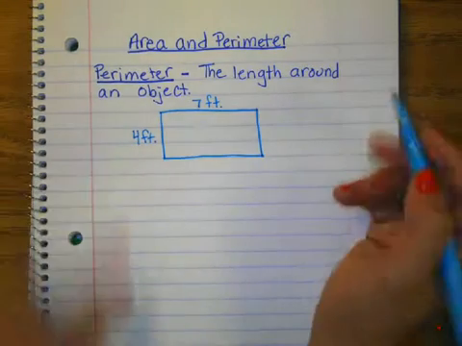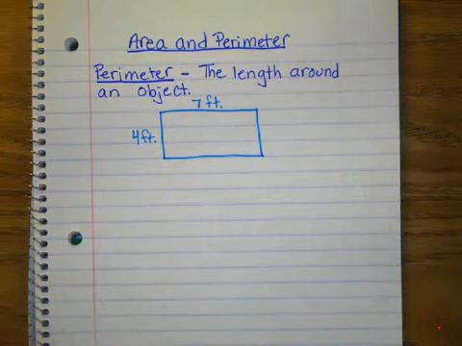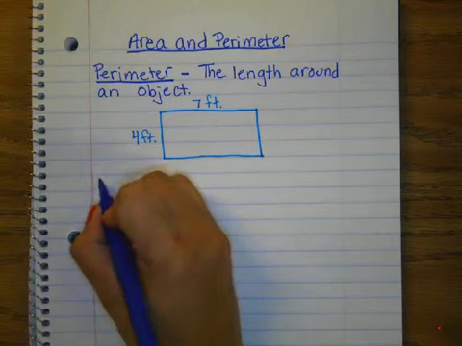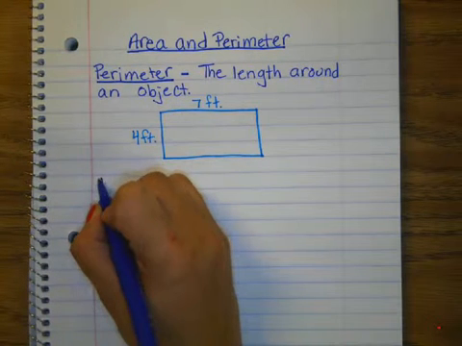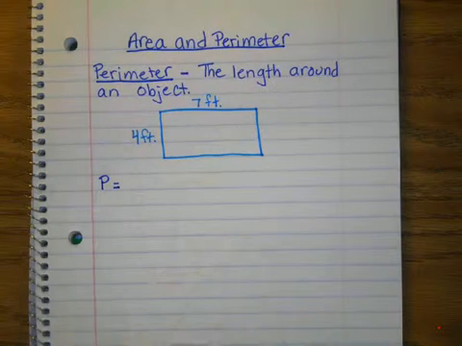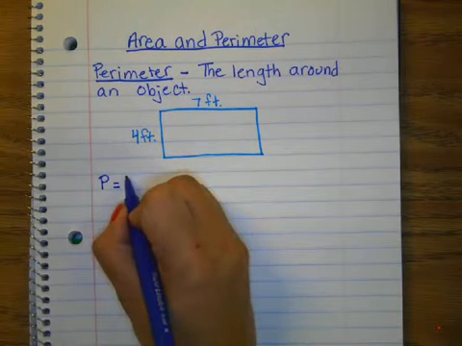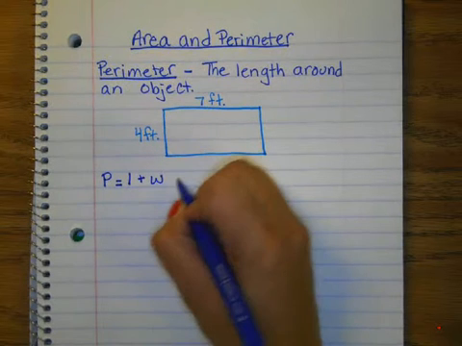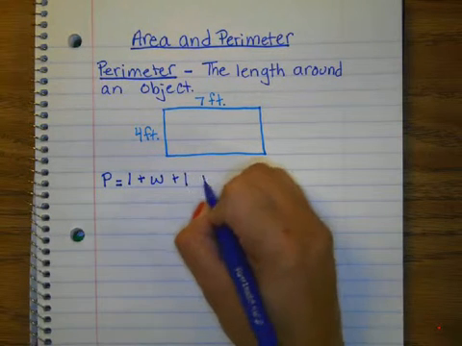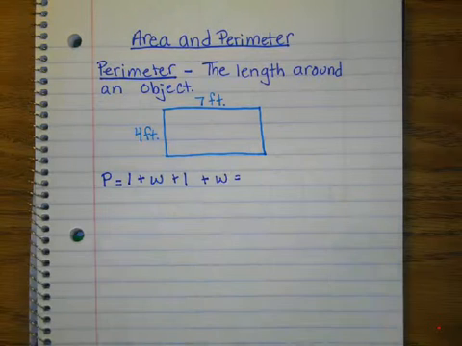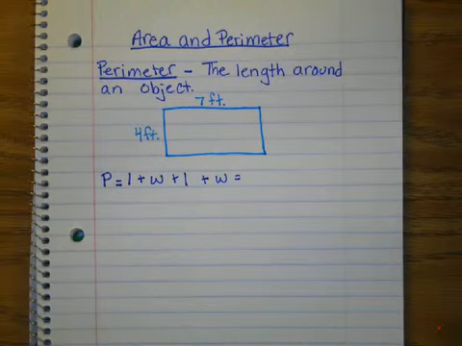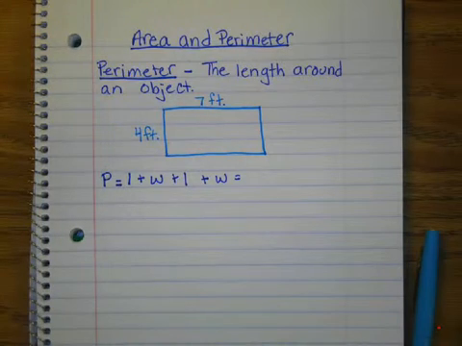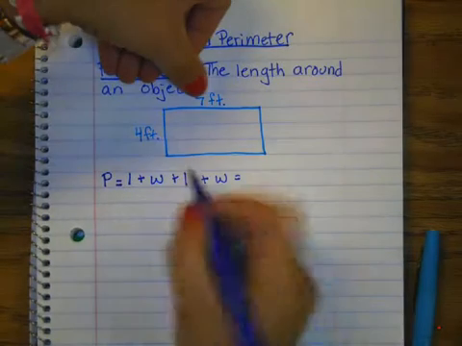So underneath your rectangle, I want you to write P equals, we would add the length plus the width plus the length plus the width. Okay, so you might have learned it this way. So we could say 7 feet plus 4 feet plus, how long is this side?